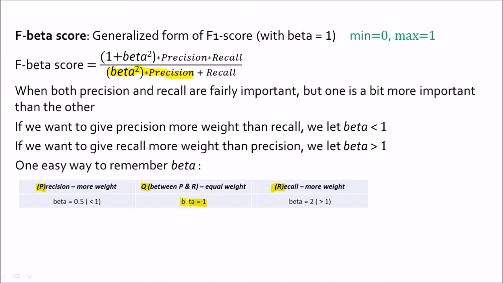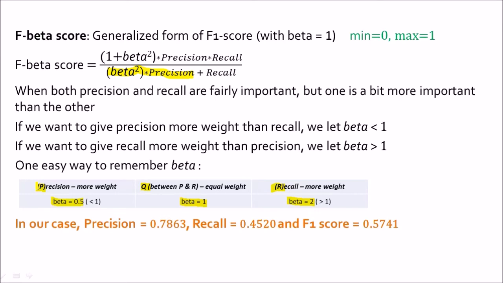Anything less than 1 implies that we want to give precision more weight, and anything greater than 1 implies that we want to give recall more weight. Okay, now 0.5 and 2 are the standard values for giving precision and recall more weight. If you want to give recall more weight, you can go for beta equal to 10 or 20, but 2 is the standard value, and 0.5 is the standard value for giving precision more weight.